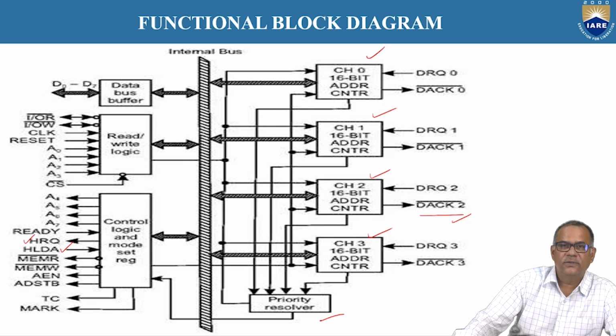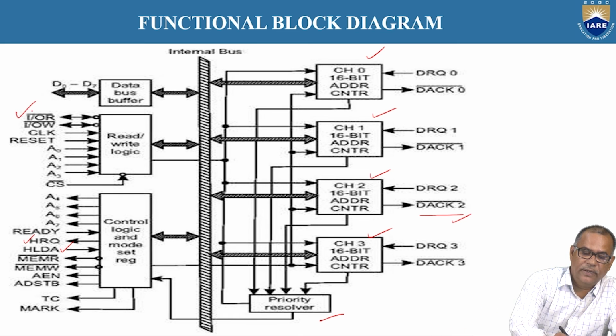The ready signal is used to accommodate the slow devices. When the devices are slow, the extended write signal is used for the DMA operations. Other control signals are memory read, memory write, IO read and IO write.